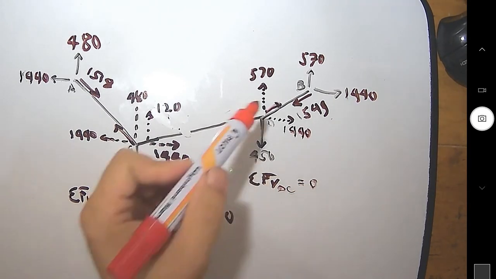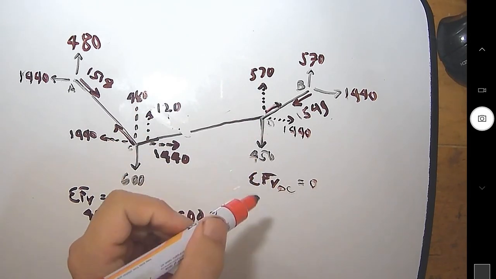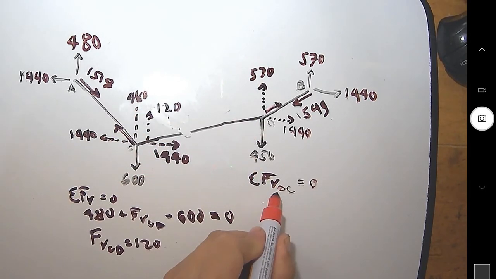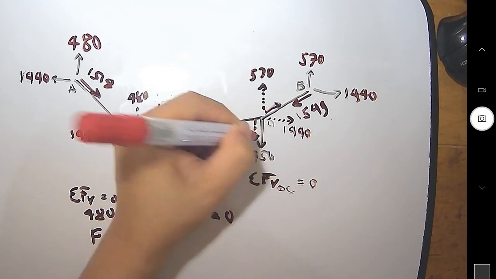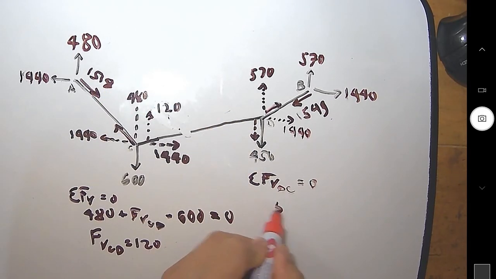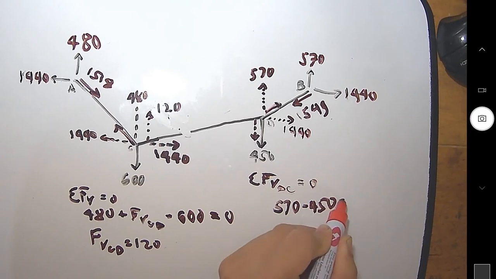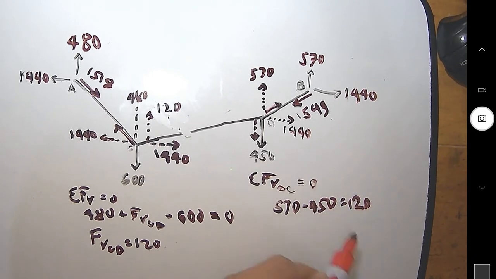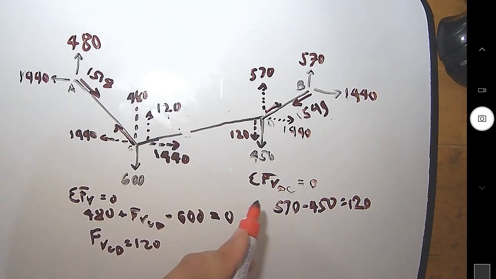So, this time, 570 is pataas, 450 pababa. So, obviously, yung vertical force DC is downwards. Okay? So, that is 570 minus 450 is the same as 120.